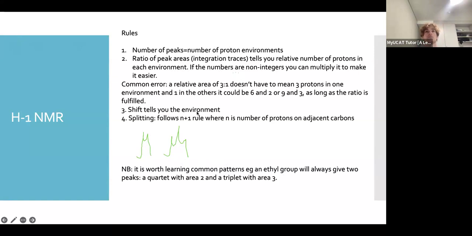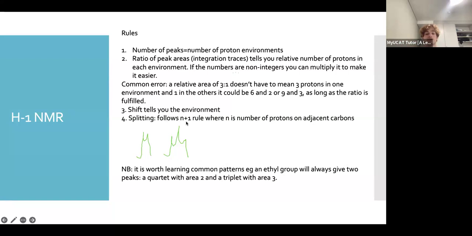There is a rule called the n+1 rule. In n+1, n is the number of protons on adjacent carbons. With the triplet peak, we have three peaks in it, like three mountains essentially in this one spike.